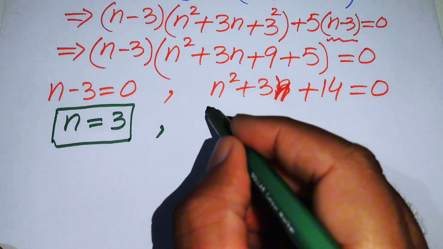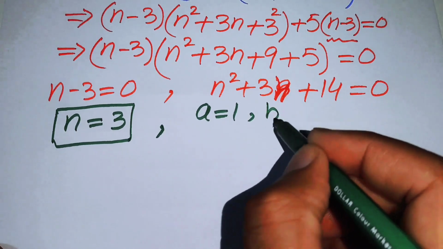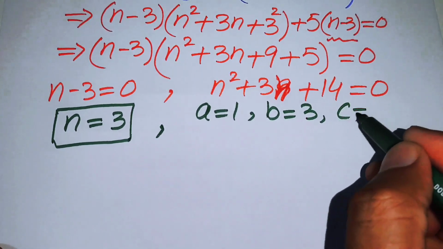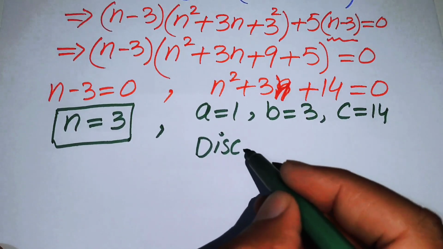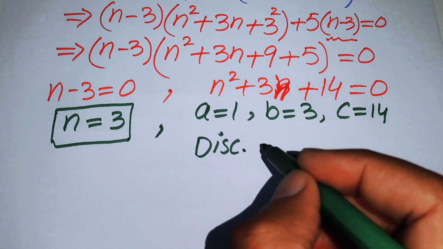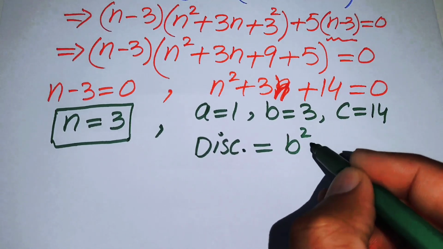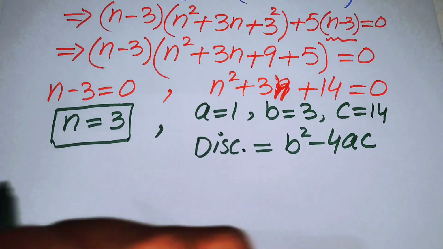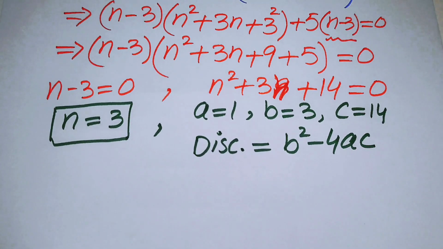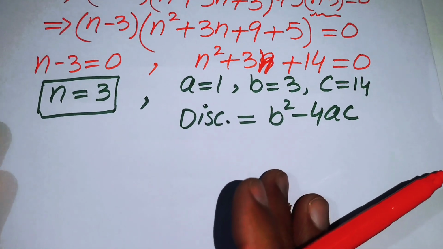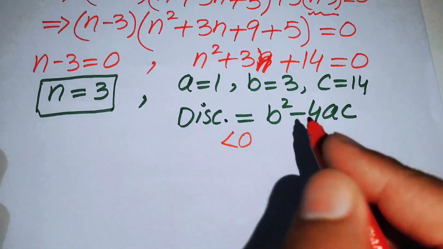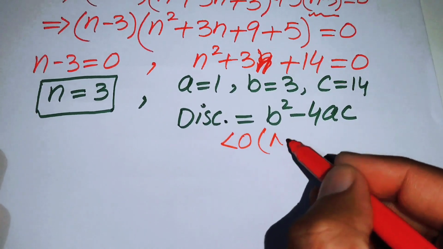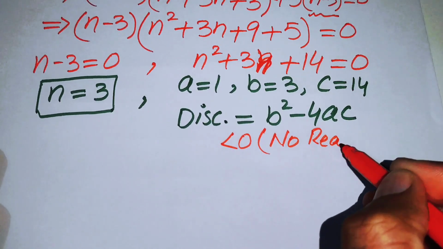You know that here we have a is equal to 1, b is equal to 3, and c is equal to 14, and our discriminant, shortly named disc, is equal to b square minus 4ac. Now let me explain a little bit about the discriminant. If the value of the discriminant is less than 0, then this quadratic equation has no real root.